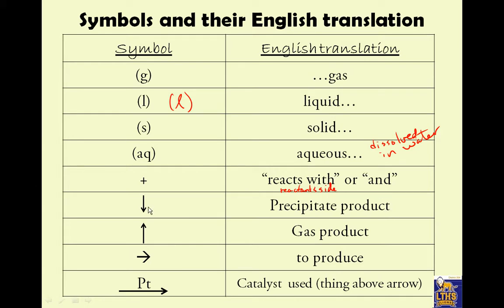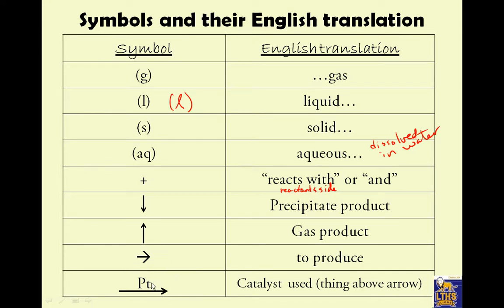A down arrow in a chemical reaction means a precipitate was produced. Hey, we just talked about a precipitate. It's a solid product. If you see an up arrow, we use that to show a gas product. If you see an arrow in the chemical reaction, they're saying to produce or makes or creates, but the arrow points to products.